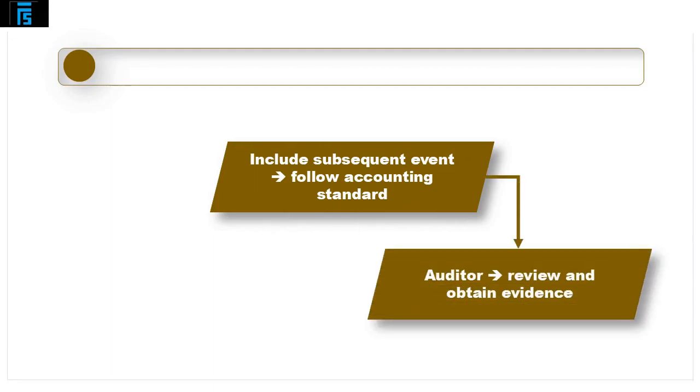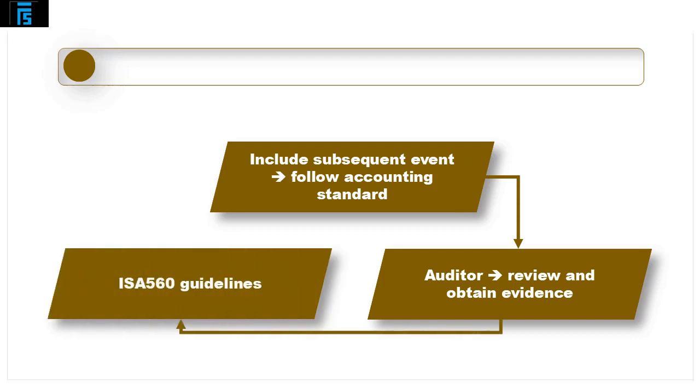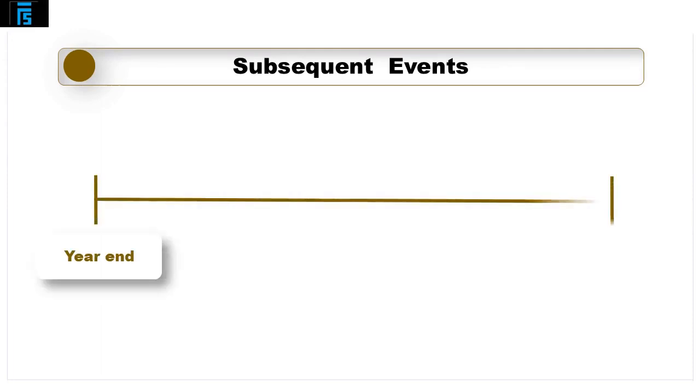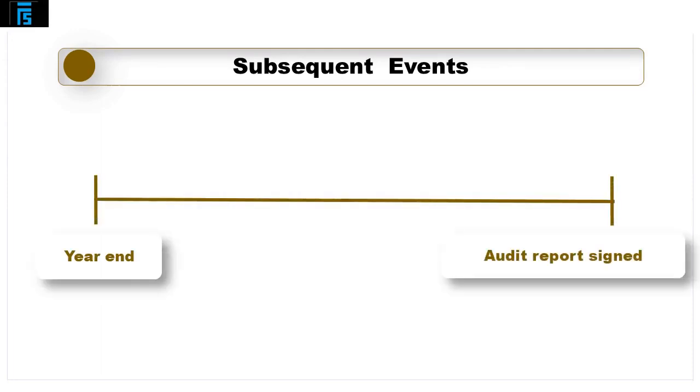The auditor must then review any events and their treatment in the financial statements, plus perform other audit procedures to obtain evidence of any further events that may have been missed. They do this with the guidance from their auditing standard ISA 560. ISA 560 subsequent events states that sufficient appropriate evidence must be obtained on events that occur from the year-end date to the date the audit report is signed.